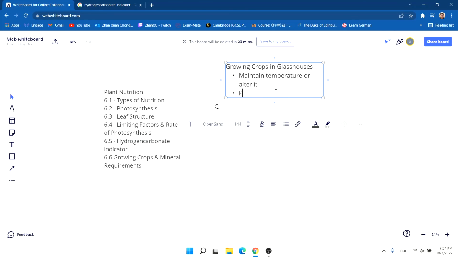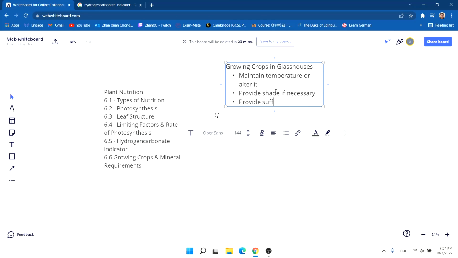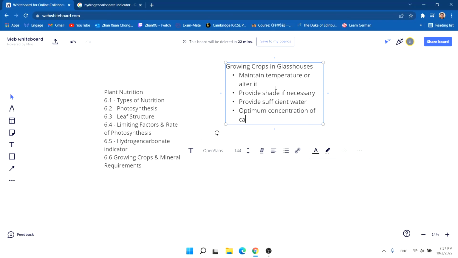Secondly, you can provide shade if necessary for the plant. And then you can provide sufficient water if needed. And lastly, optimum concentration of carbon dioxide. Okay, that's all for glasshouses.